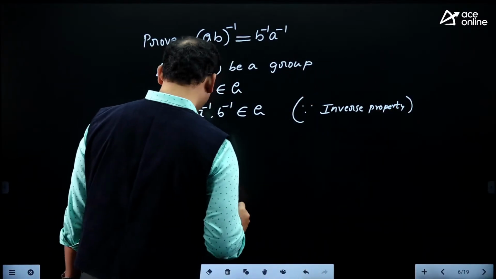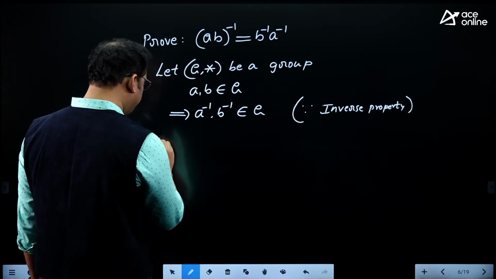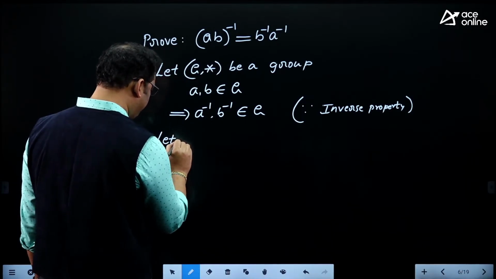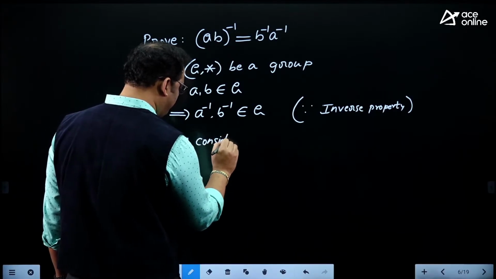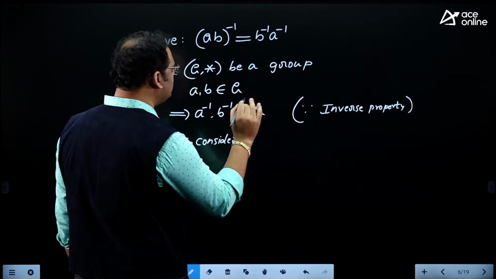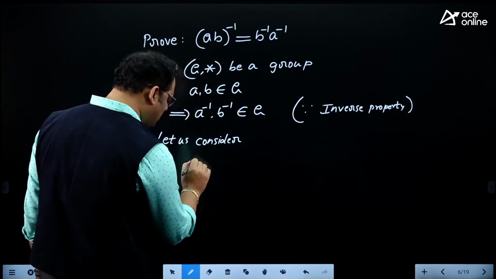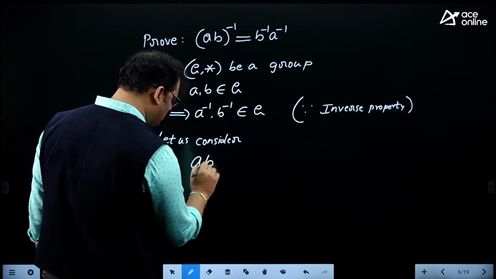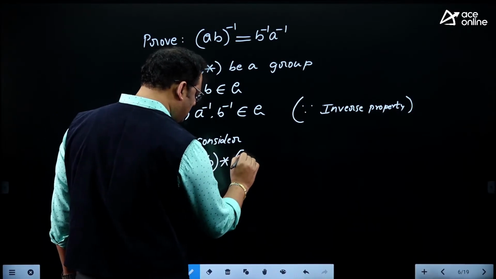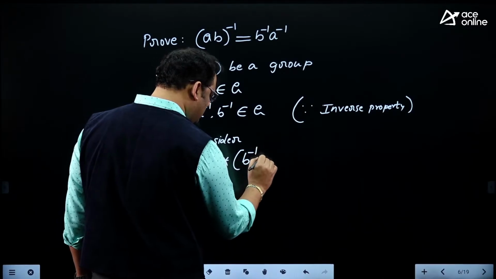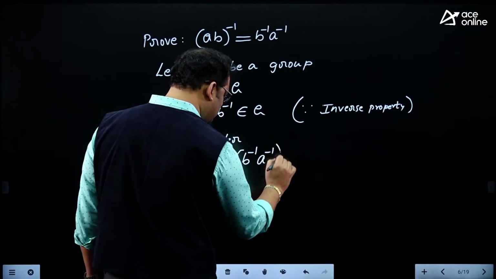Right. Now let us consider the elements like this: AB star B inverse into A inverse.